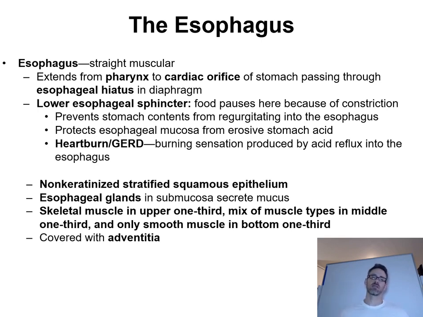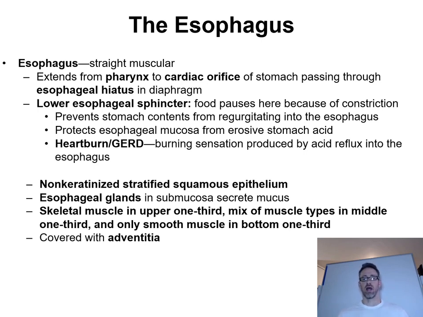So food essentially pauses at that junction where there's a constriction in the lower esophageal sphincter, and it helps to prevent contents from backing up into the esophagus. In other words, the lower esophageal sphincter stays tonically contracted under normal circumstances, unless we're swallowing and something is moving into the esophagus. Then it reflexively relaxes to allow it to empty into the stomach, and then it contracts again and stays tonically contracted to prevent reflux of acids going back into the esophagus.